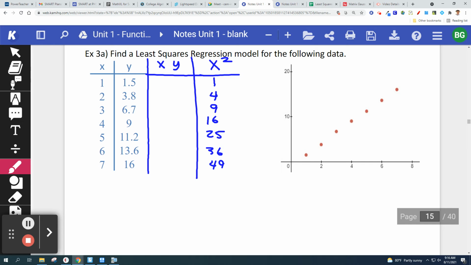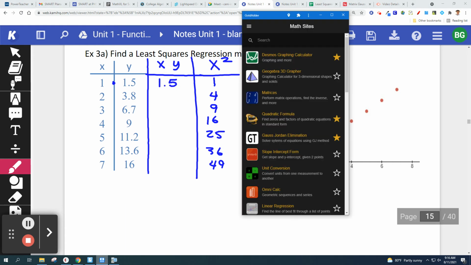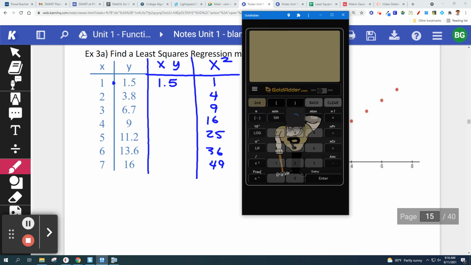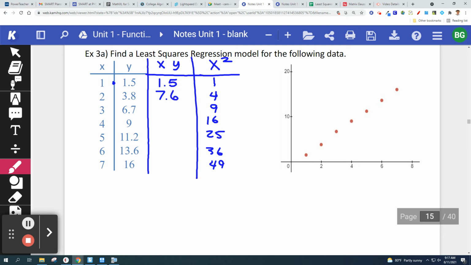So we want to do X times Y. 1 times 1.5 is 1.5. 2 times 3.8 is 7.6. 3 times 6.7 is 20.1.